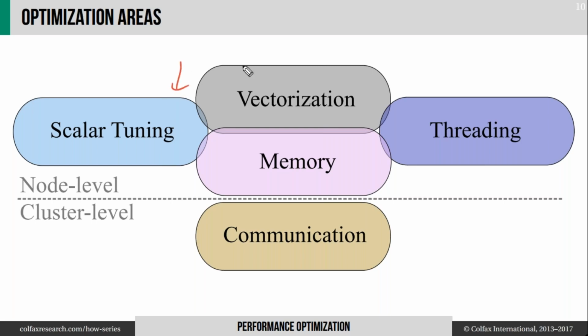To accomplish that, we structure all optimization topics into 4 areas of node optimization and 1 area of cluster level optimization. Today is a focus session where we will discuss techniques specific to scalar tuning and the optimization of vector calculations.